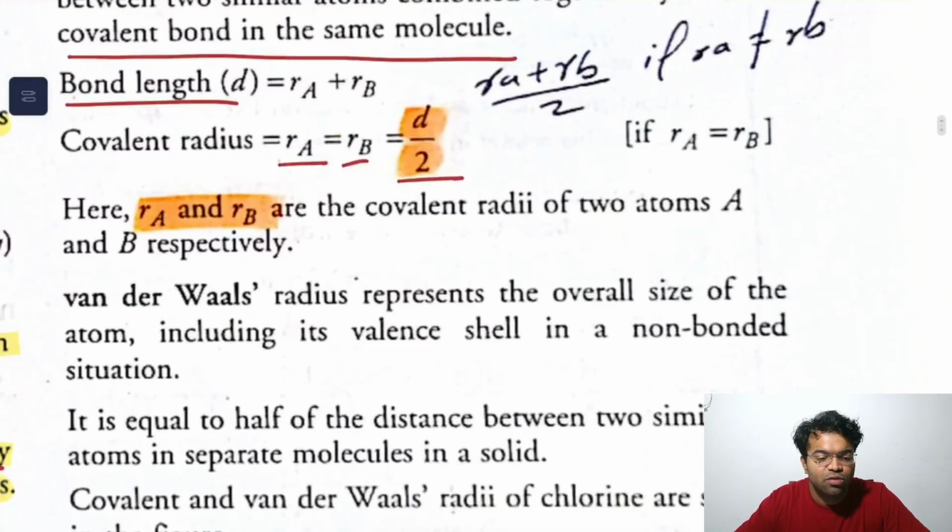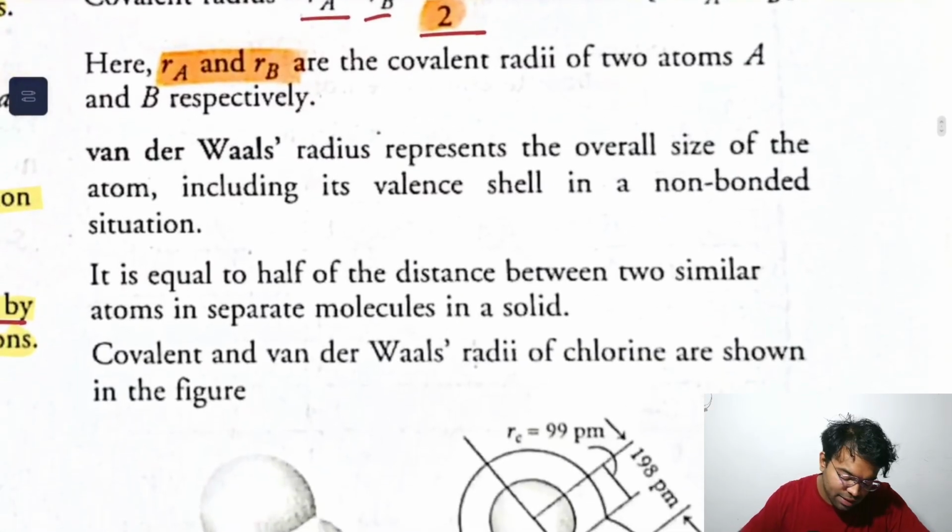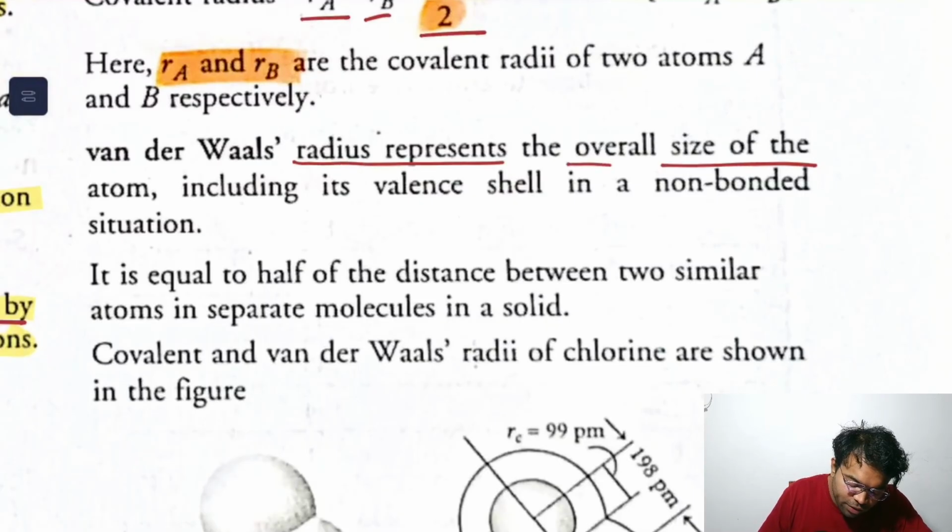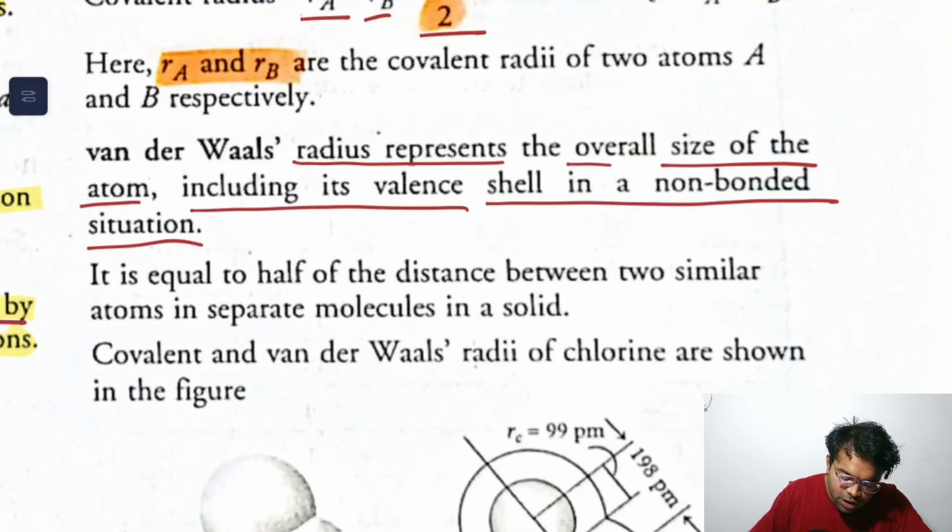For example, there exists a van der Waals bond between the two layers of graphite. Two layers of graphite, there is a van der Waals bond, right? We learned that in carbon and its compounds, class 10th. So, the radius represents the overall size of the atom, including its valence shell in the non-bonded situation.